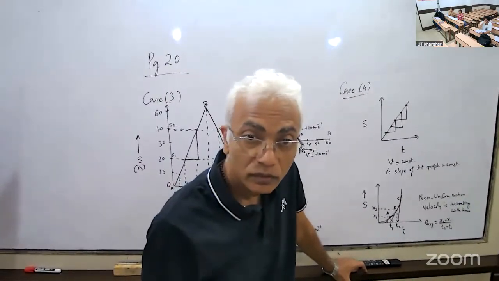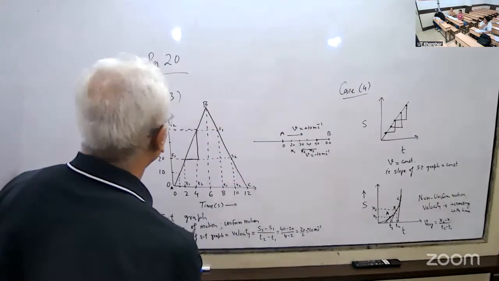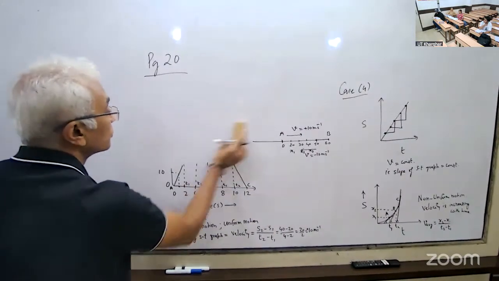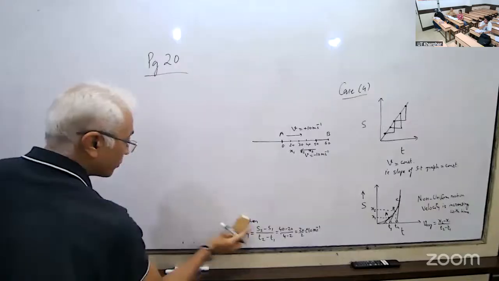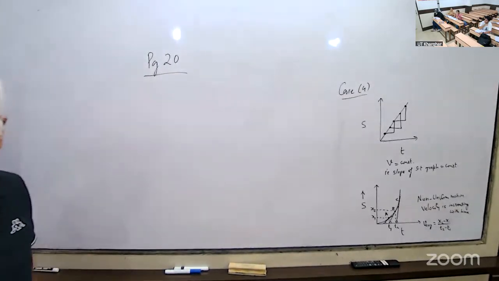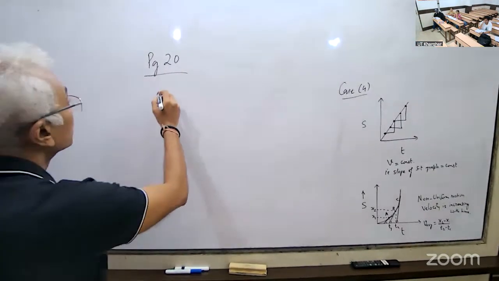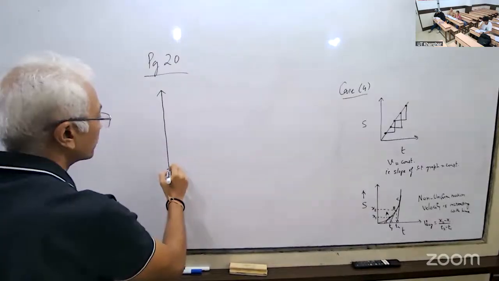Understood? First of all, have we discussed what is instantaneous velocity and average velocity?